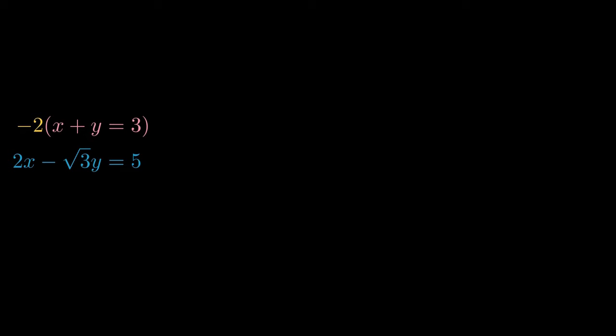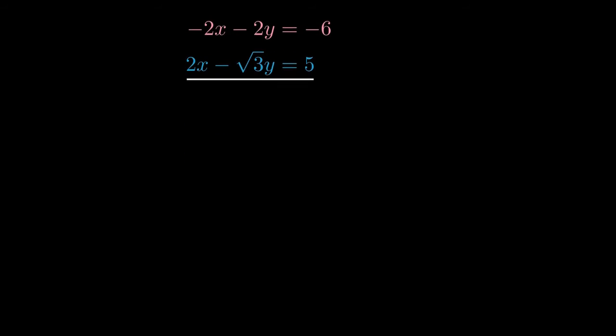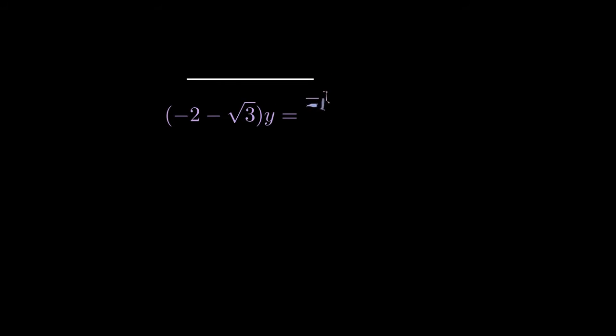So we multiply by negative 2, and we get negative 2x minus 2y equals negative 6. And then we can add these two equations together, and the x's will be eliminated, and remaining with the y's is negative 2 minus square root of 3. And on the right side, we have a negative 1.